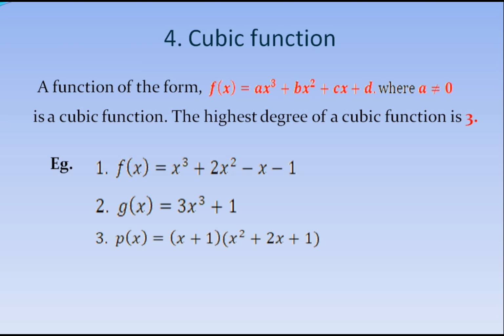So let's also look at the nature of a cubic function, how the graph of a cubic function looks. You can see that we have the following graph, where we have our x and y axis for the first graph, and then we have this curve. That is the nature of a cubic function.